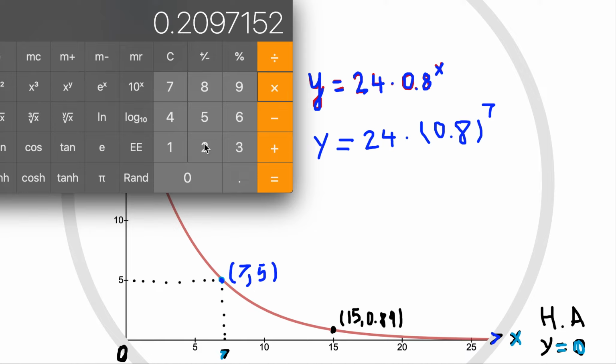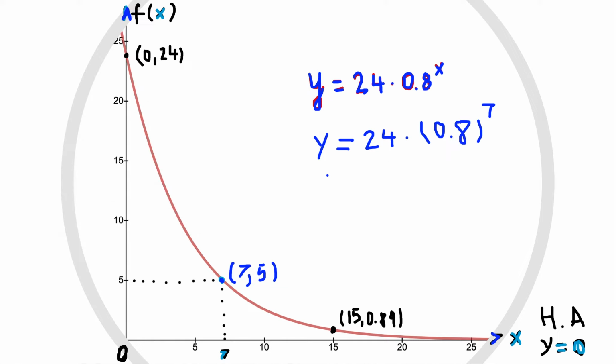We multiply this by 24 and get 5.003, so y is approximately 5. It means the value of the car is about $5,000. Let me write it here in terms of dollars: the car is going to have a value of around $5,000.